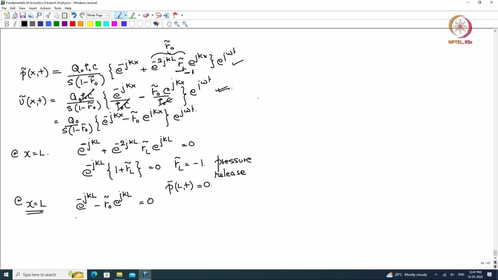Then what I have is R0 tilde is equal to e to the power of minus 2jkL, and this is what R0 tilde was equal to, RL tilde e to the power of minus 2jkL, and therefore RL tilde is equal to plus 1. That's a rigid end.